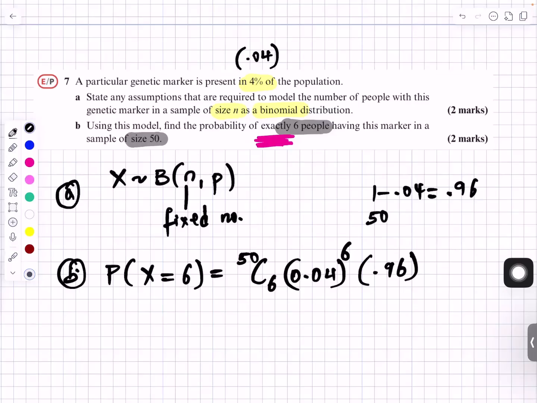N is 50 minus 6 is 44. So that's 44. Put down your calculator. What did you get? I got 0.008 to three significant figures. And if it's a 1 mark, you can do the same. So that's beautiful.